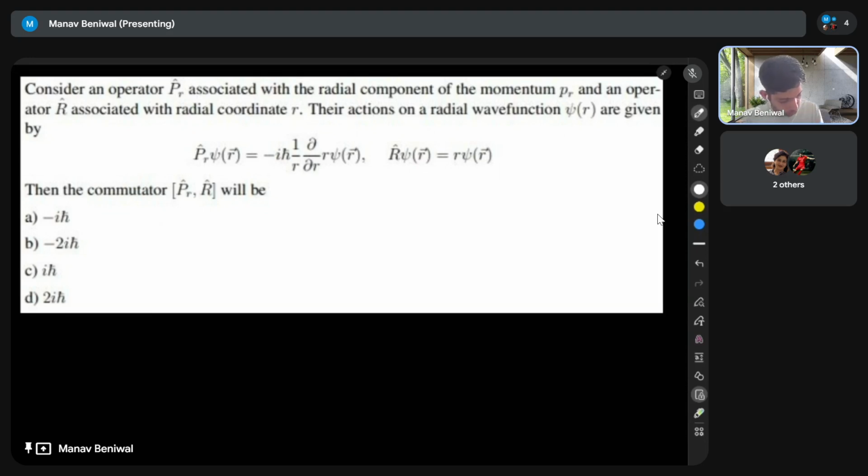P_r operated on psi gives us a momentum-like operator, and R operated on psi gives us a position-like operator. Then we have to find the commutator of P_r and R.